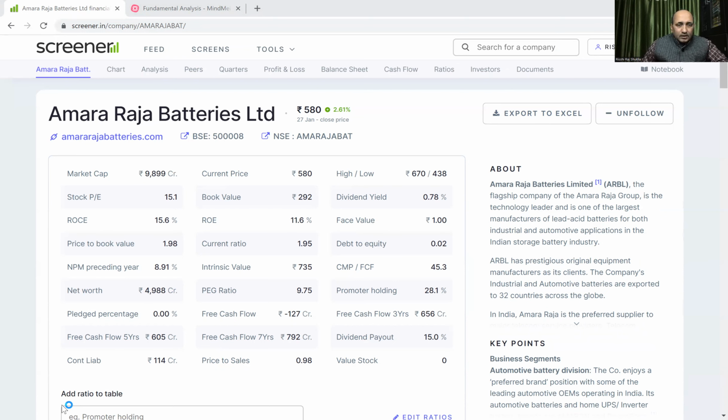Again, we can see interest coverage ratio 44 times. Of course, here this is in declining mode.